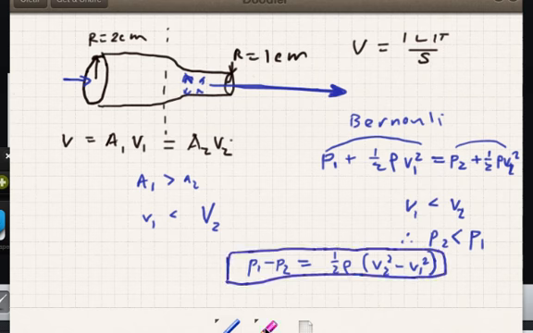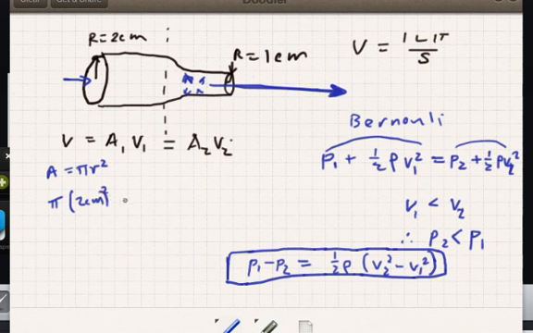I'm going to need a little space here. So let's first figure out what V2 is. We know area is equal to pi r squared. So if I plug this in here, pi times 2 centimeters squared times V1 equals pi times 1 centimeter squared times V2.